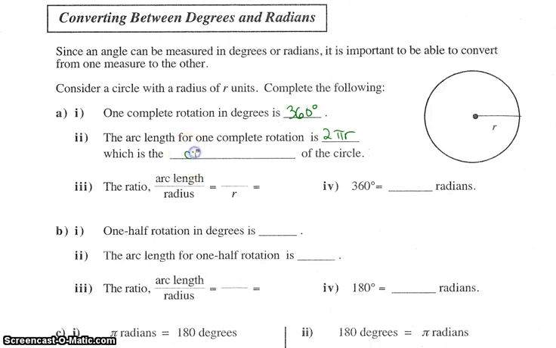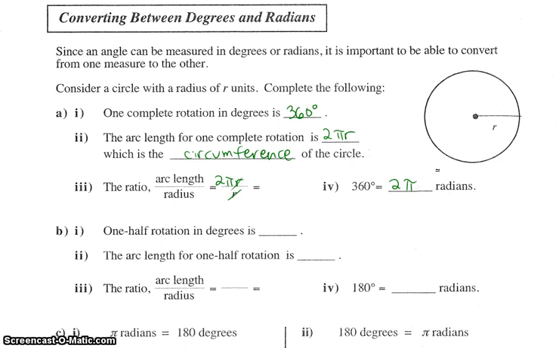The ratio of arc length over the radius, all the way around, would be 2 pi r over r. If we simplify that, we get 2 pi. So in other words, 360 degrees is equal to 2 pi radians.